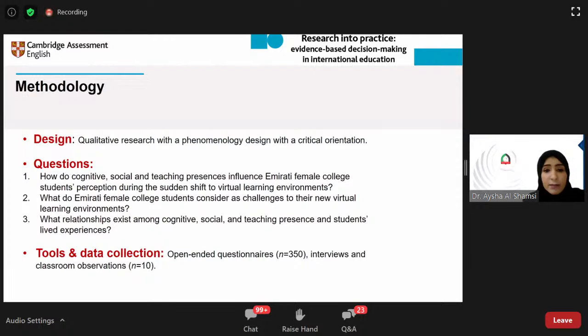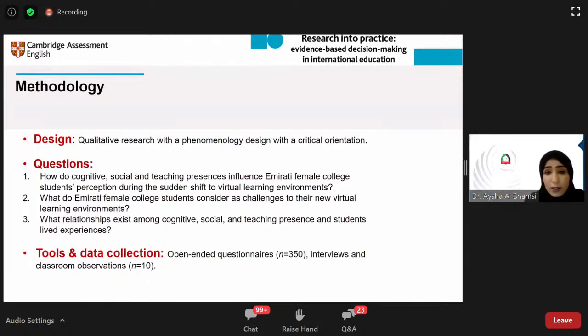To answer the three main questions, I used open-ended questionnaires, interviews, and classroom observations. For the first question, I used the interviews: how do cognitive, social, and teaching presence influence Emirati female students' perceptions during the sudden shift?